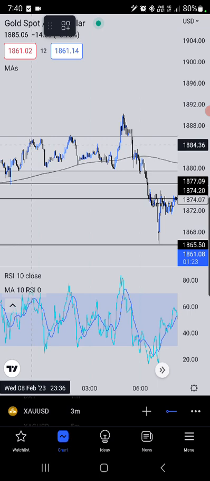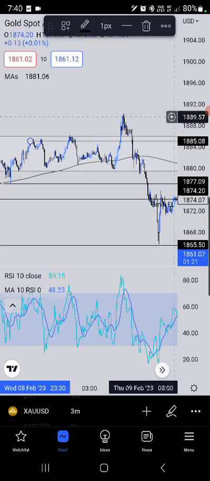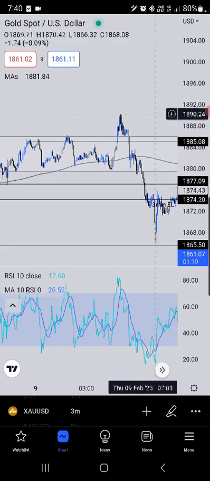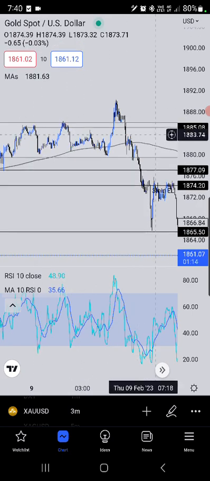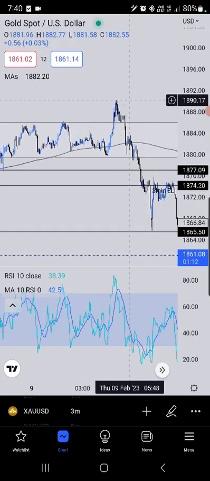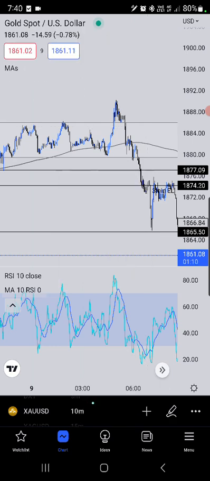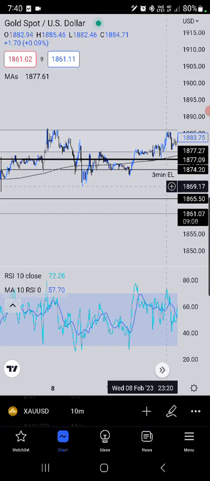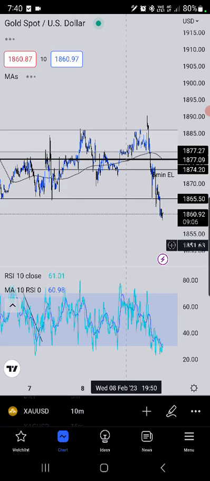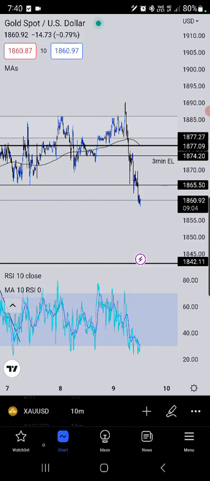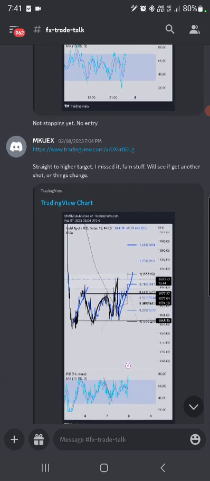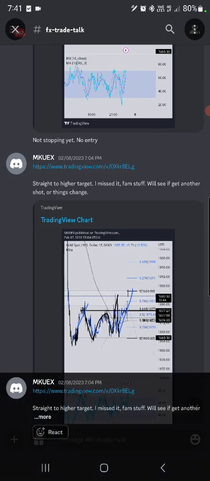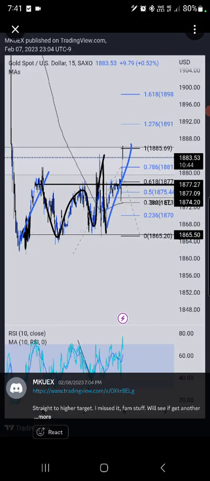So not the best, seen better, but a bit of a 3-phase market setup there for the high. Anyway, we traded that a bit in the Discord. There was one, so that sort of corrective wave in the middle again.